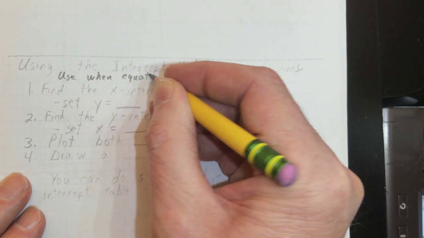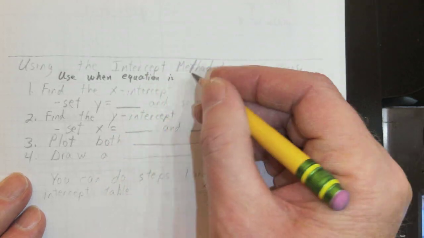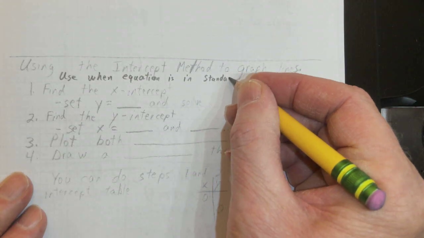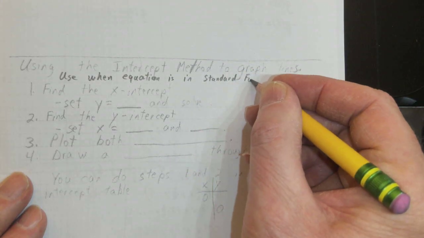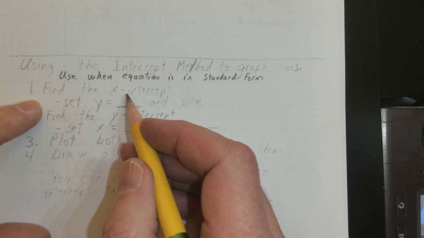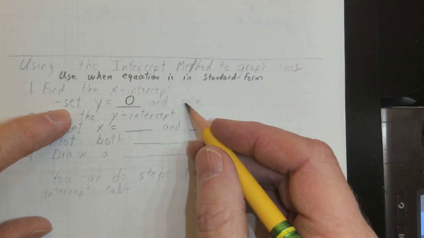I'm going to write that down. Use when equation is in standard form. All right, so the first thing you do is find the x-intercept. And to do that, you set y equal to 0 and solve your equation.